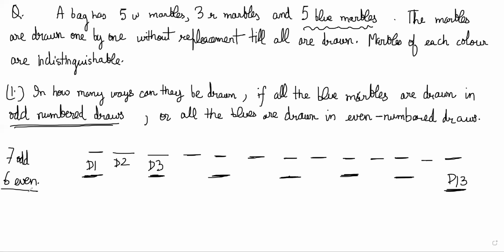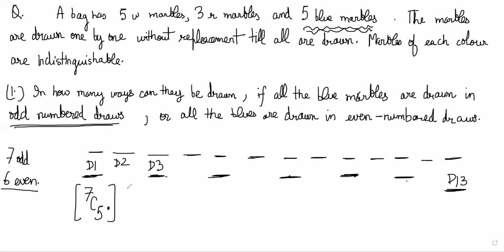So now let's try to count this. Basically, it's like putting all the marbles in a straight line, and the blue ones have to be on these spots only. 5 spots will be taken, so 7C5, right? And after that, 8 other spots are left.